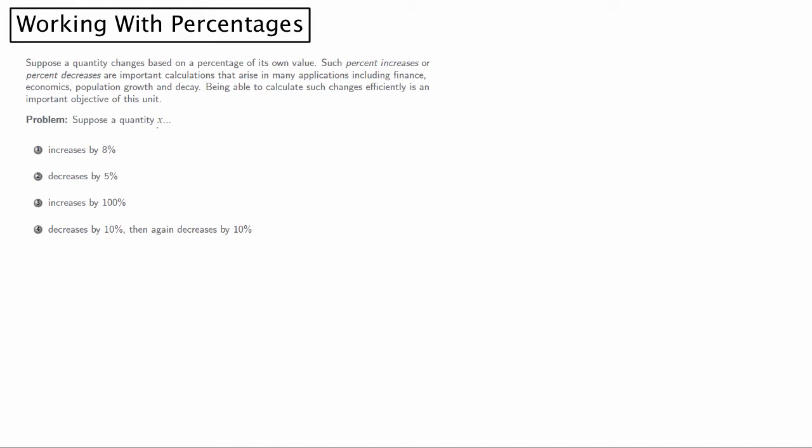So for example, suppose I said that the quantity x increases by 8%. I think most of you are used to saying you take x plus 8% of x and add it to it. The result of doing that is, if you factor out the x, you get (1 + 0.08)x, which is equal to 1.08x.